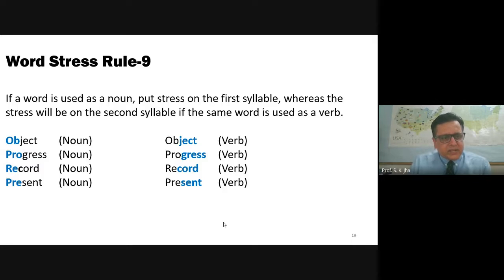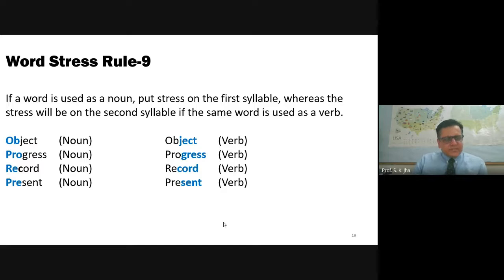Similarly, the second example, progress. When you use this word in a sentence, you have to give stress on the first syllable if it is used as a noun. But if the same word is used as a verb, it is progress. You have to progress a lot in your life. Then record, but in verb, record.